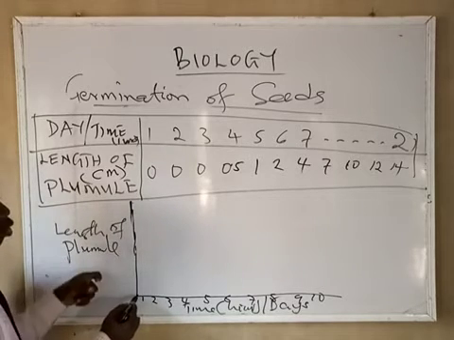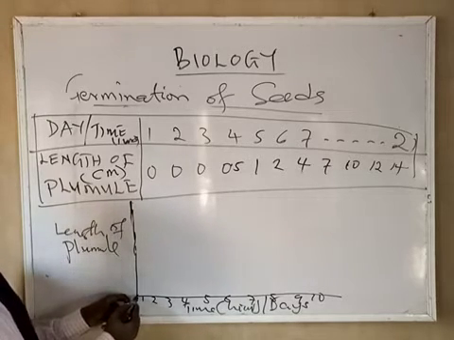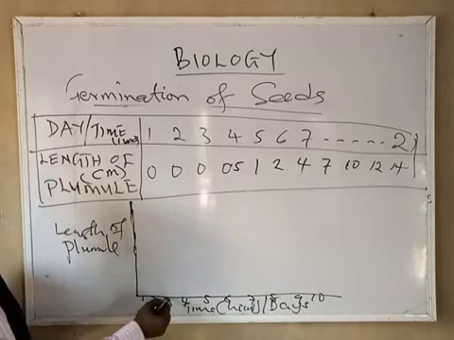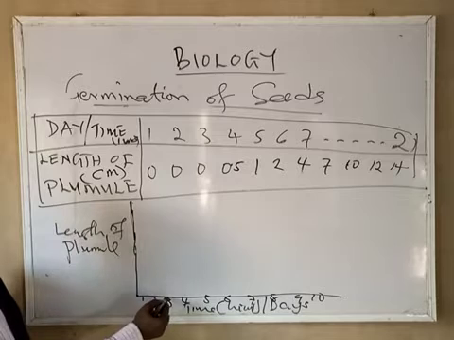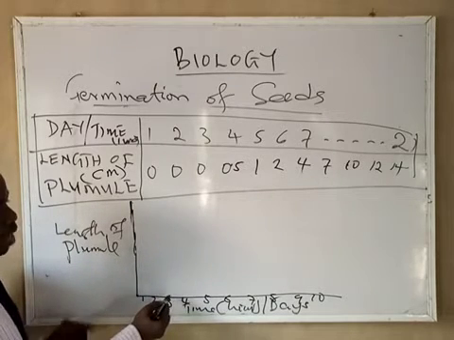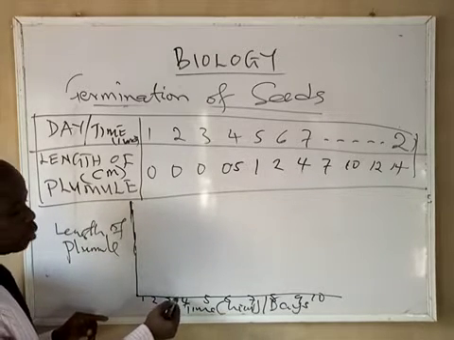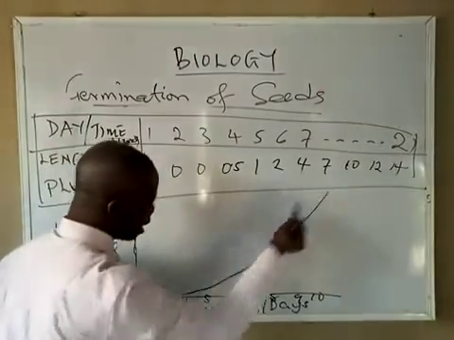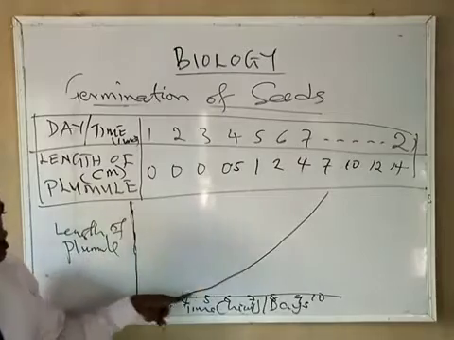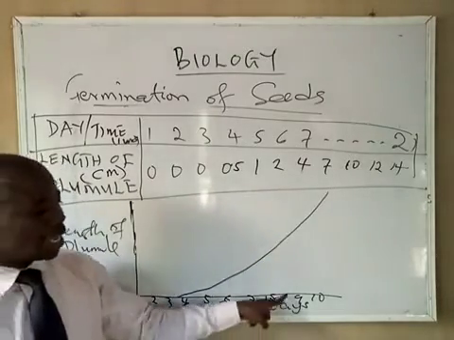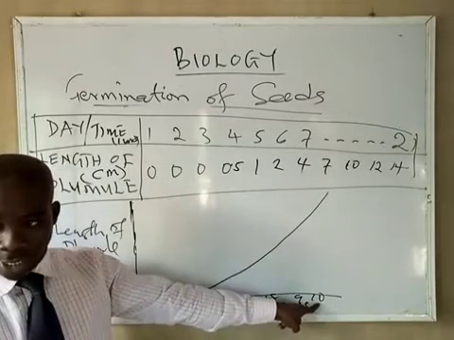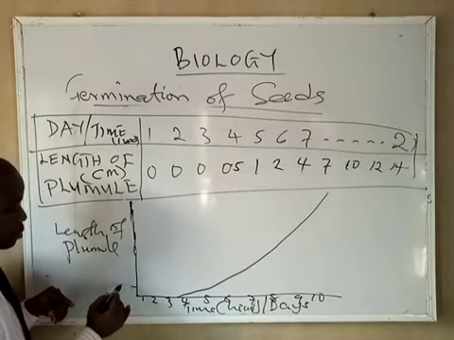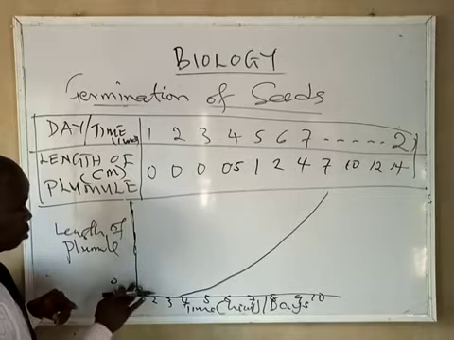So definitely throughout the period of germination, your graph will show that during this period, you cannot measure any growth in length within the first few days. So the first 3 days, you will not be able to measure the length or the growth in length. But after the first 3 days, it is possible for you to begin to have something like this that grows, because this one shows that as the days are increasing, there is now growth. This one will be 0.